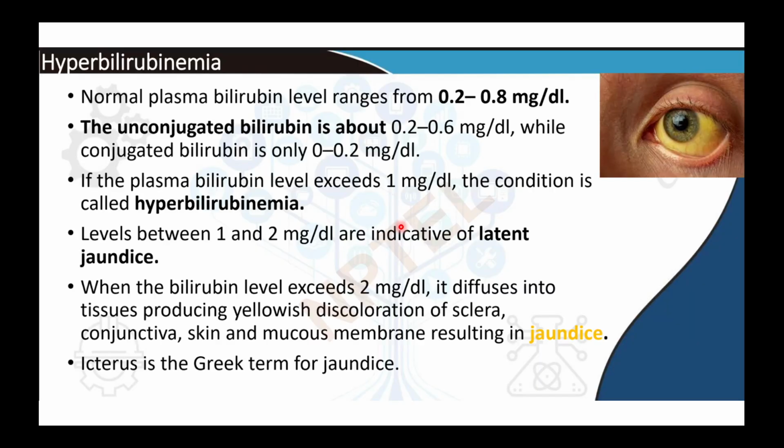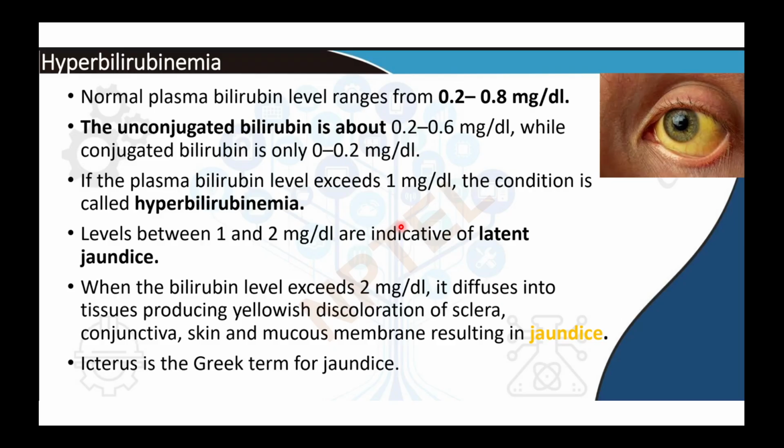So hyperbilirubinemia, by the name itself, you can understand bilirubin is in excess and it is present in the plasma. So plasma bilirubin levels increase, and it leads to hyperbilirubinemia.